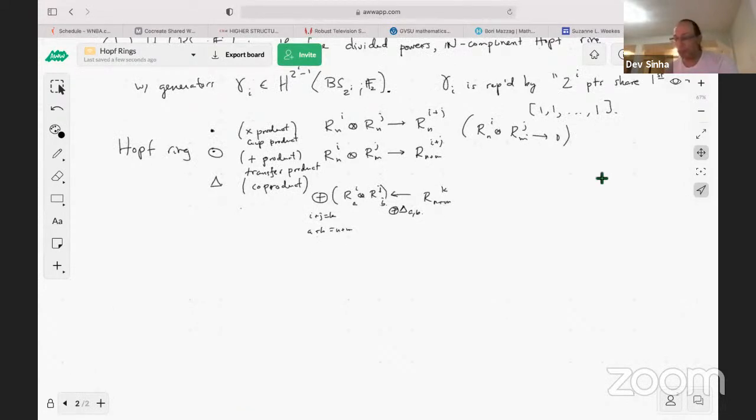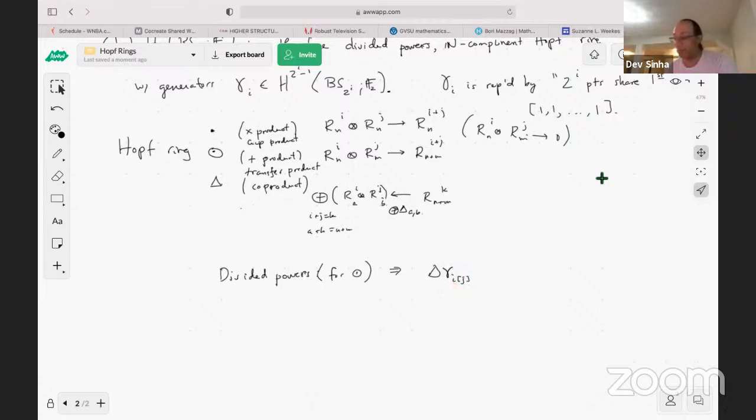The main thing about the divided powers then is that this is a divided powers structure for the transfer product, the circle product. What that means is that the coproduct of anything, let me just say we're generally going to think about our generators.